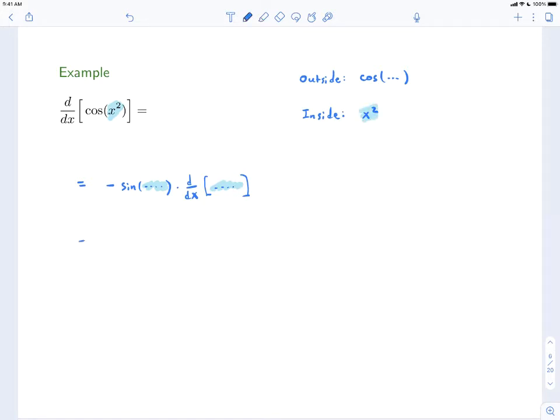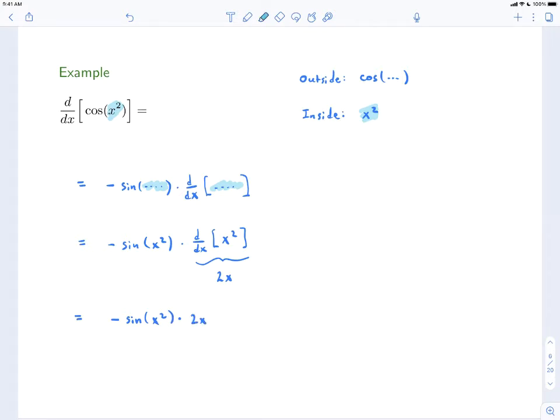So this is going to be equal to the opposite of sine of x squared times the derivative with respect to x of x squared. And now we have the derivative of x squared, which we can compute using the power rule. So that's 2x. So we're going to end up with the derivative of cosine of x squared is the derivative of cosine, which is the opposite of sine, evaluated at x squared, times 2x, the derivative of the inside.